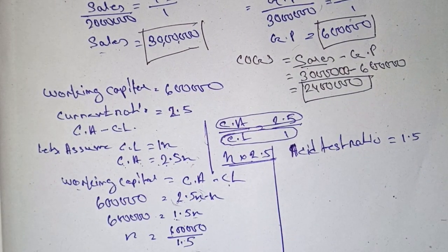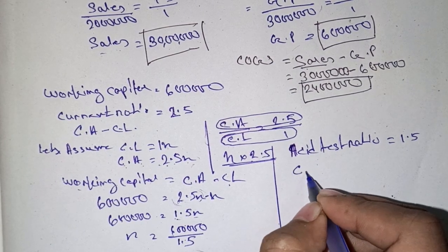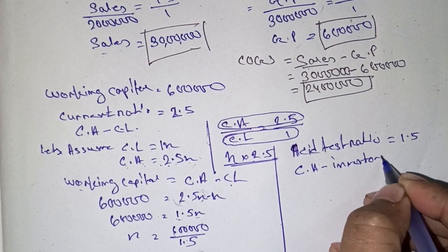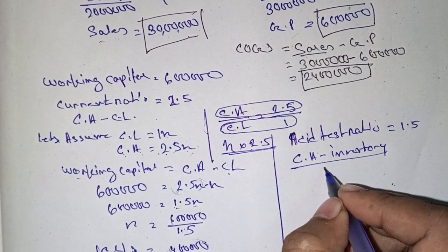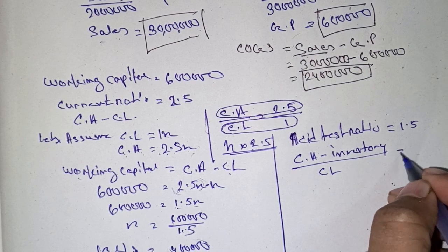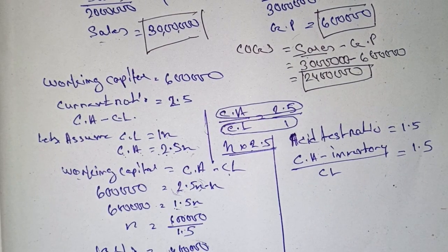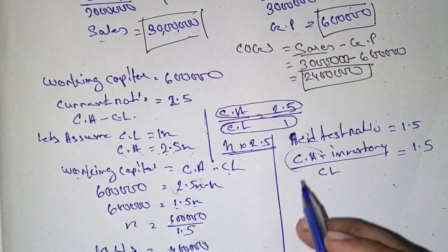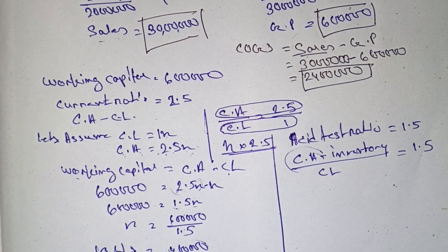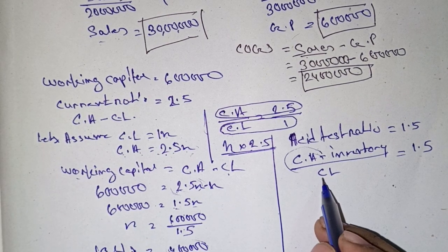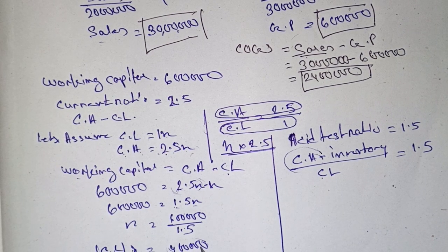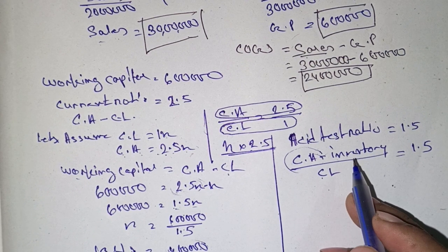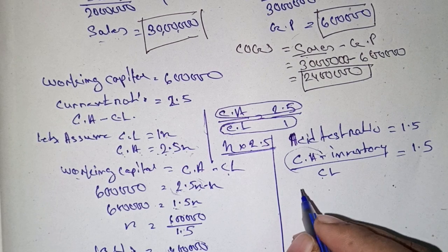Acid test ratio means current asset minus inventory, divided by current liability, equal to 1.5. We know the value of current asset because we have already found it: current asset is 10 lakh. Current liability is also given, 4 lakh, but inventory is missing here. So we'll find the inventory.